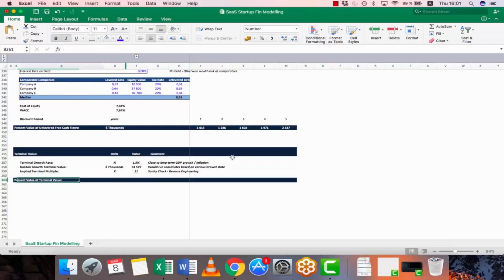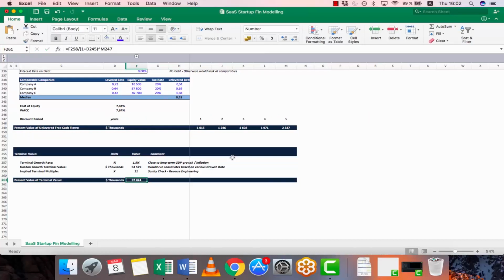So okay, let's calculate the present value of terminal value. We'll measure it in thousands of dollars. We're just taking our terminal value and dividing by 1 plus our weighted average cost of capital, adjusting for the discount period.